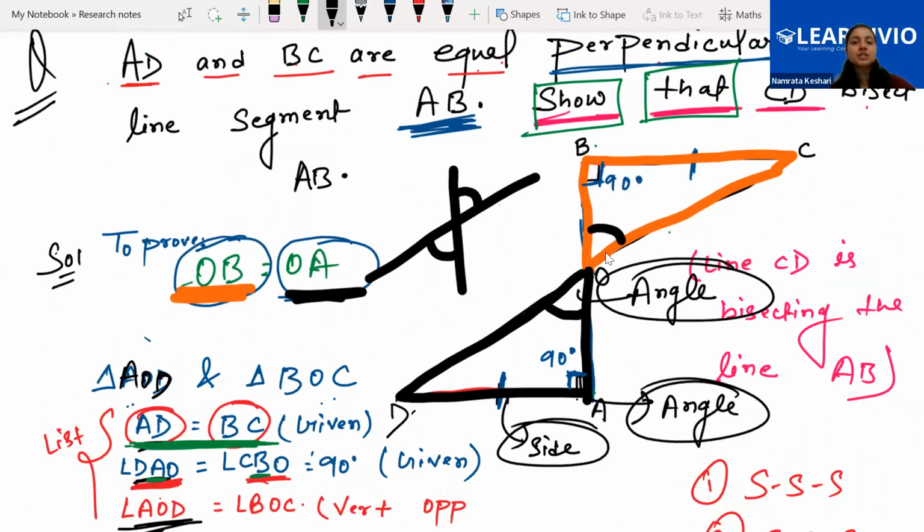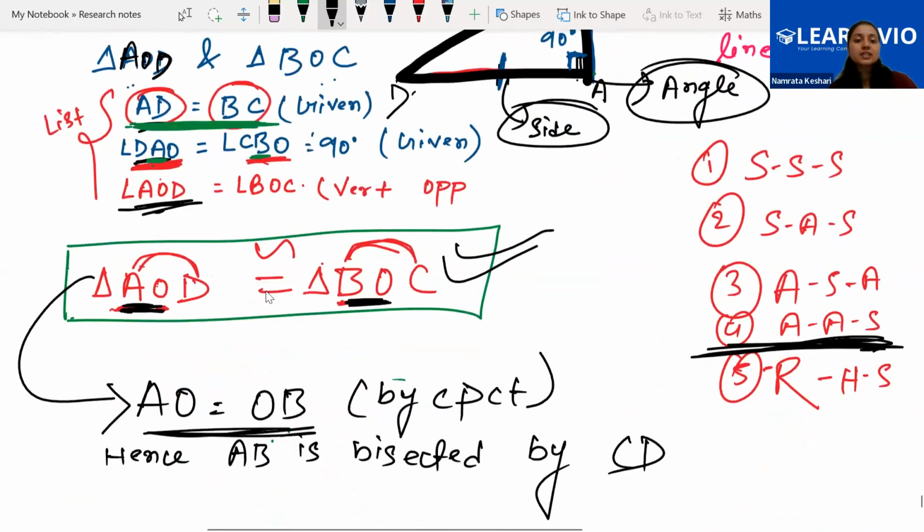Okay, vertically opposite angle. That's why I was saying that you have to understand the lines and angles chapter, then only this chapter will be clear. So this angle and this angle are same, vertically opposite angles, and hence we found that triangle AOD and triangle BOC are congruent.